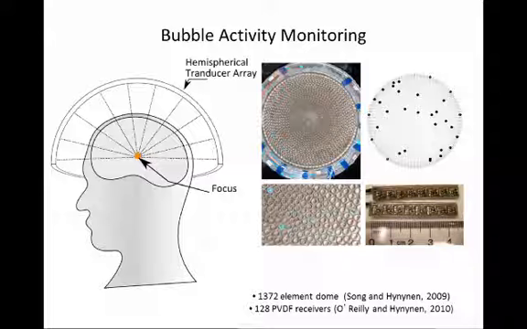We have been applying this technique to try to localize microbubbles through the human skull during blood-brain barrier opening, and for that we use our experimental array that has 1,372 cylindrical transducer elements that are transmitting their sound at about 300 kilohertz.